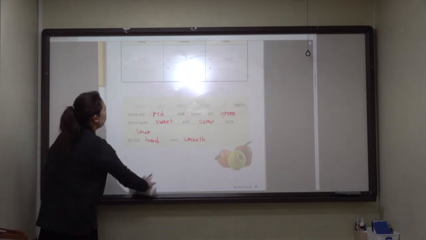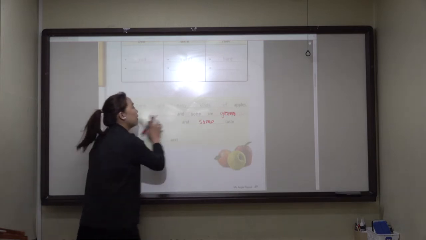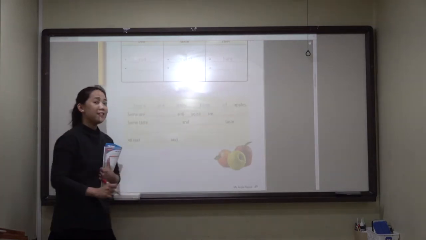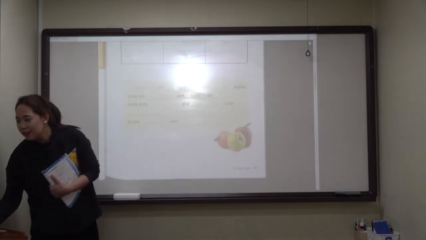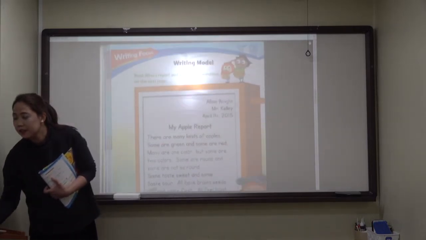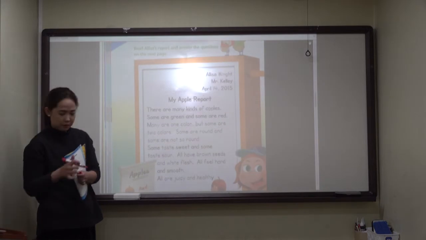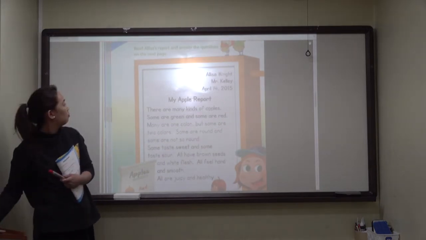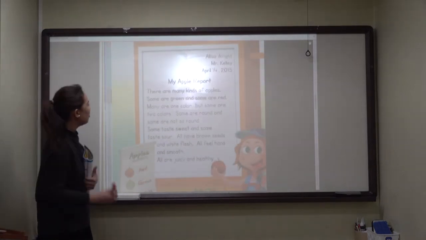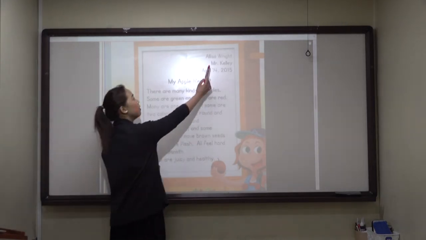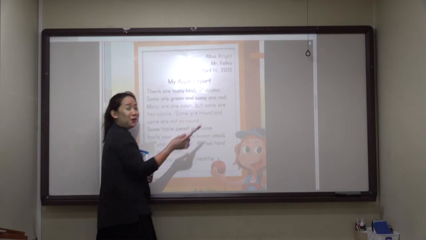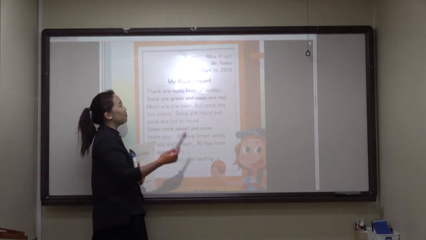All right, then let's go to our writing model today. Today's writing model is from, what's her name? Alyssa Wright. Her family name is Wright.